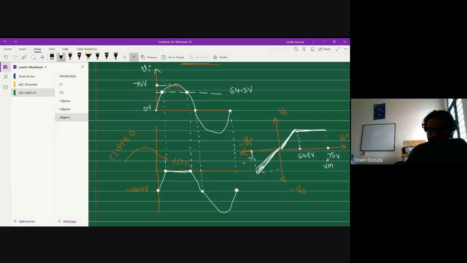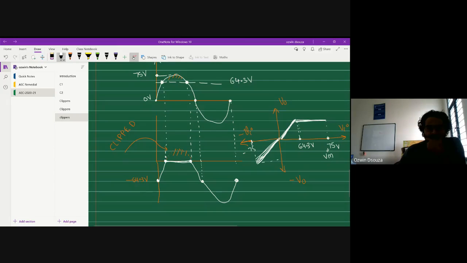Okay. So, is it correct? Can anyone confirm? When your input is 0 in the positive half cycle, what is the value of output? Minus 64.3. But what I have drawn here, is it correct? Yes or no?